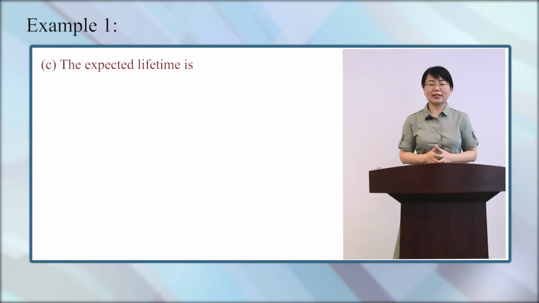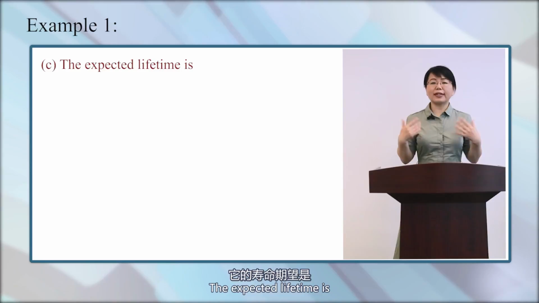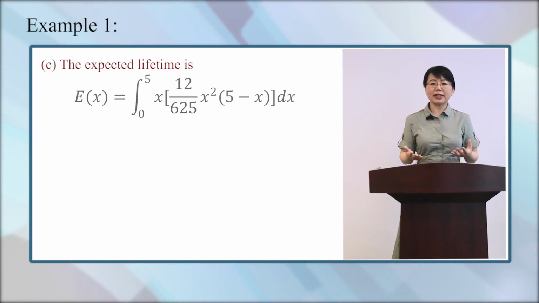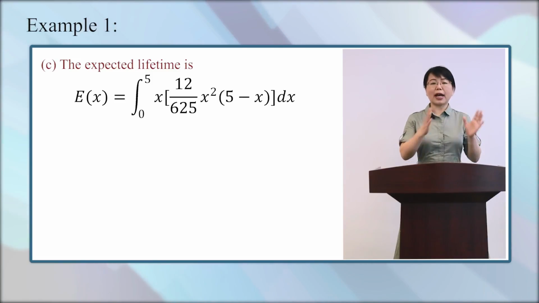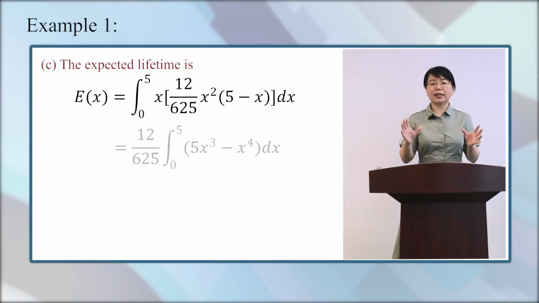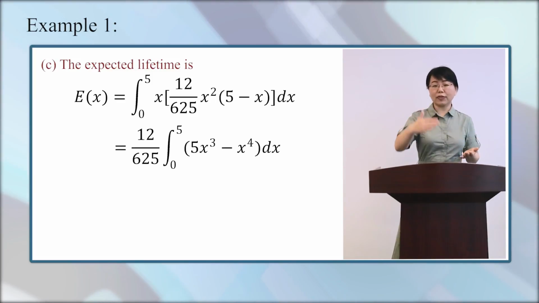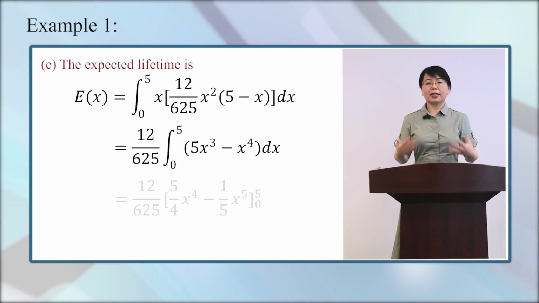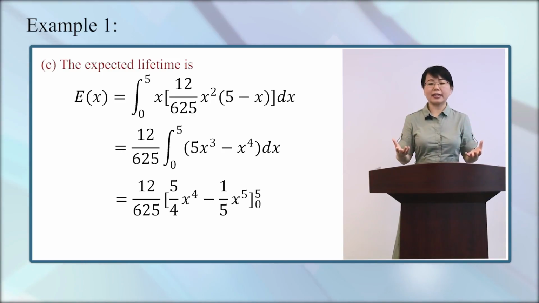The third one, we need to find the expected lifetime. The expectation is equal to the integral of x times the PDF over the whole interval 0 to 5. We can compute the definite integral and solve it. The expectation is 3 hours.